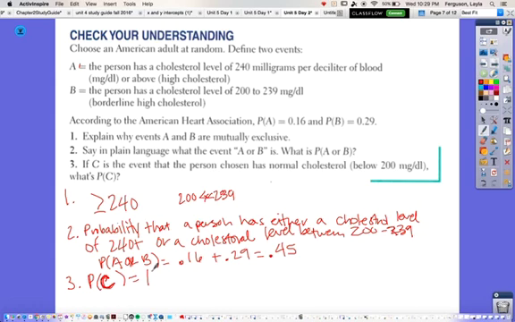And so all of those together would equal 1, and we would subtract out the probability that you have A or B. So this is subtracting, you either have high or you're borderline. So that would be 1 minus 0.45, and that would be 0.55. So the probability that you have a normal cholesterol would be 0.55.